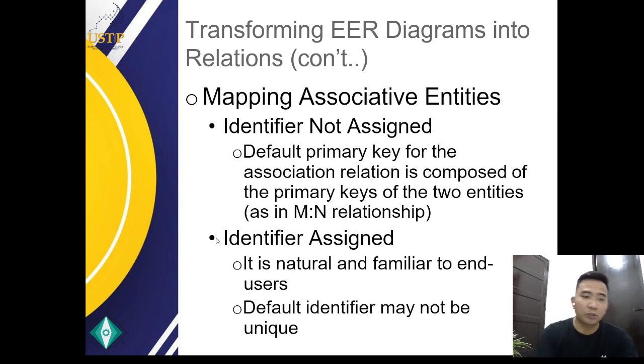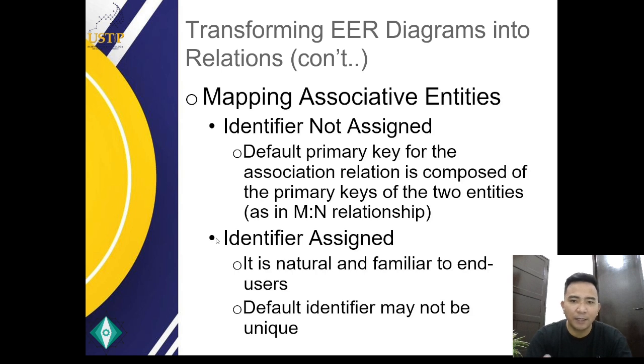The relation is composed of the primary keys of the two entities, as in many-to-many relationships. The identifier assigned is natural and familiar to end users, and the default identifier may not be unique. Associative entities are used to represent many-to-many relationships between two or more entities. They are often used to store additional information about the relationship itself.